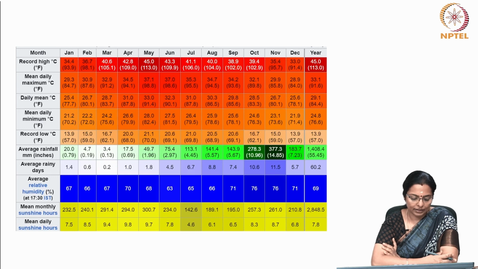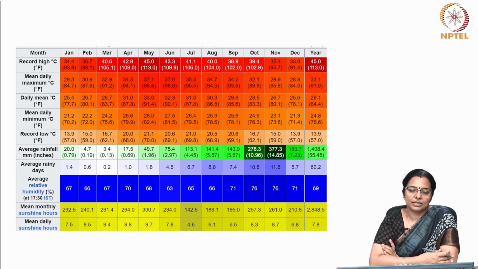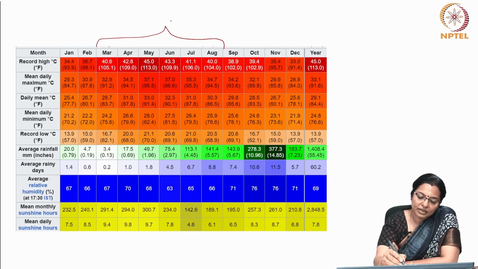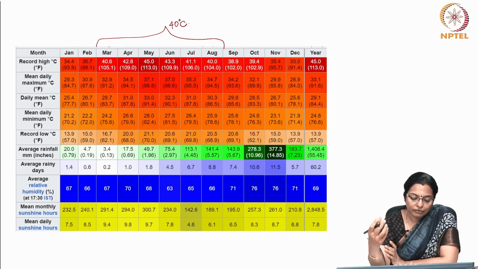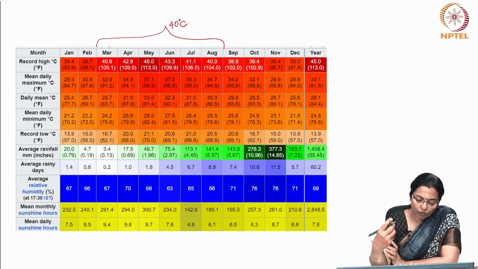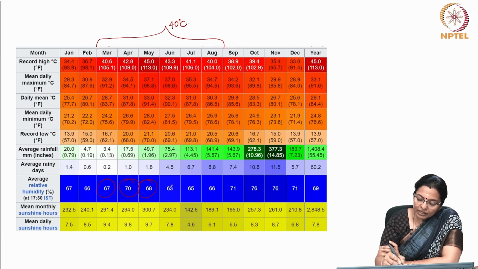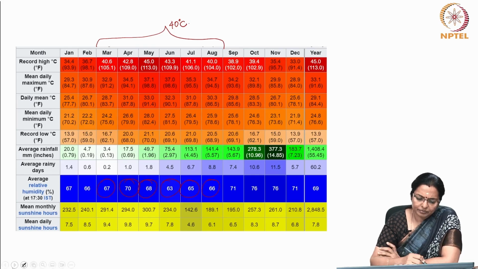Now, if we look at the climate of Chennai based on what is given by IMD, we can see that for a particular year, for almost 6 months, the record high temperature has crossed 40 degrees centigrade. So if you look at the combination of the temperature and the relative humidity, you can see how taxing the climate could feel.